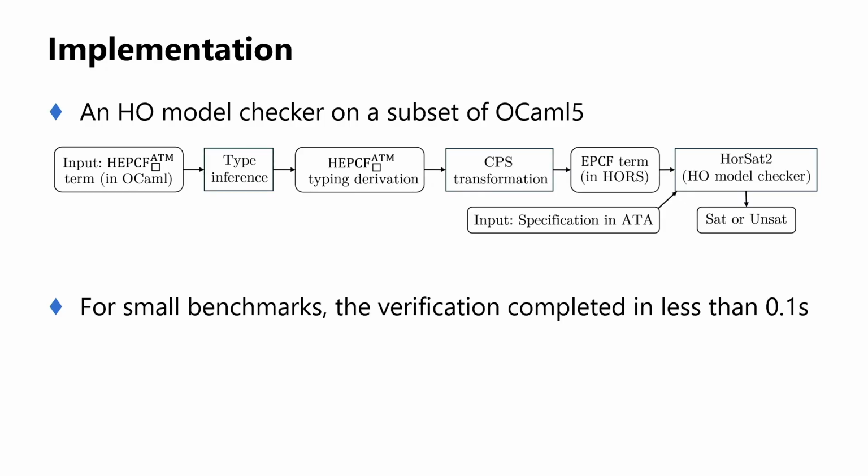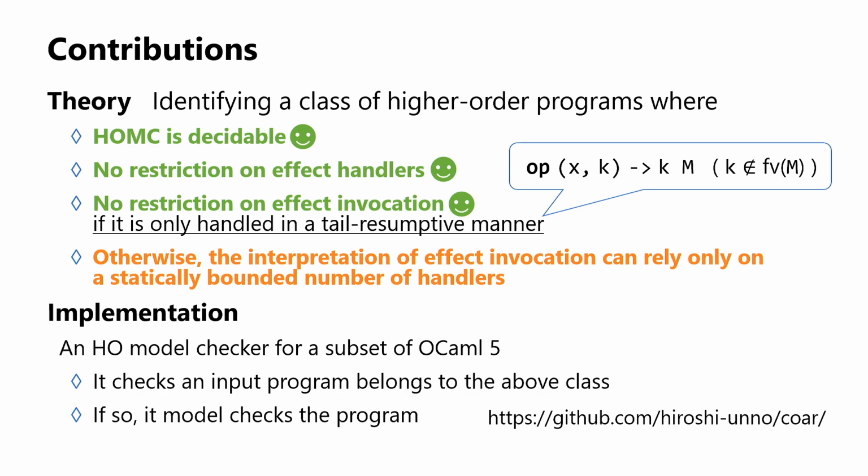Then we use a backend higher order model checking tool for the CPS-transformed terms. We tested our implementation on a small benchmark, and the verification completed in less than 0.2 seconds, but the benchmarks are very small, so we need larger scale benchmarks to test the actual performance. Okay, so that's all for my talk. Thanks.